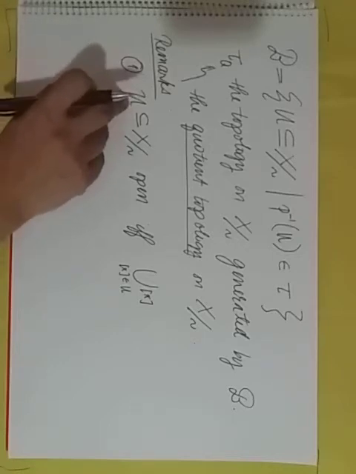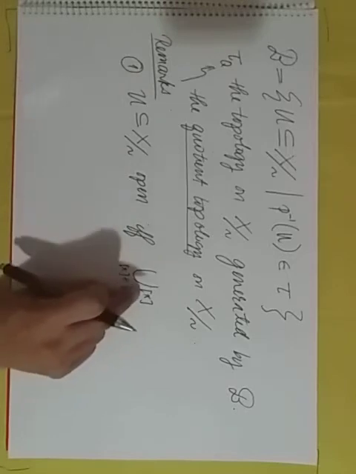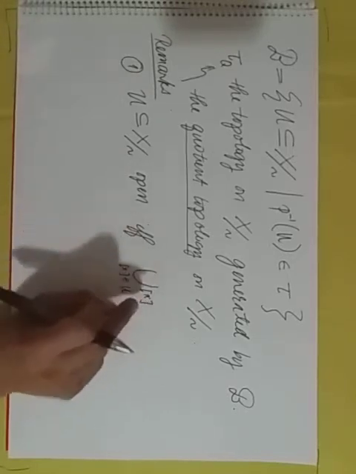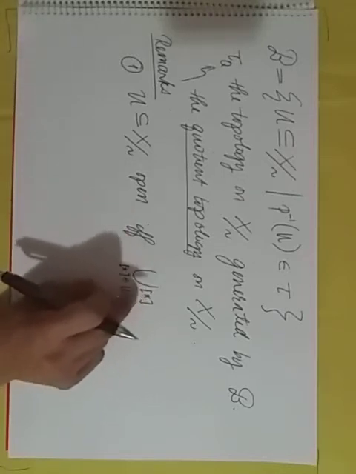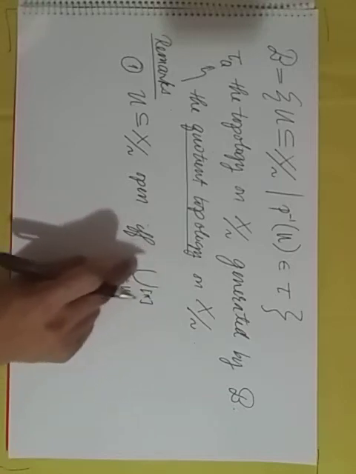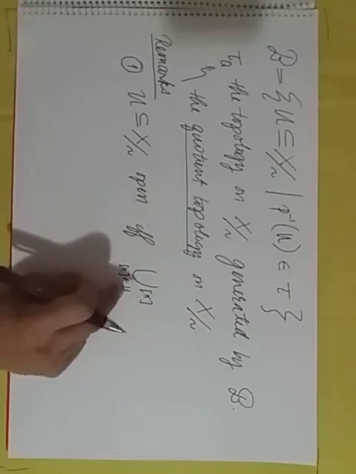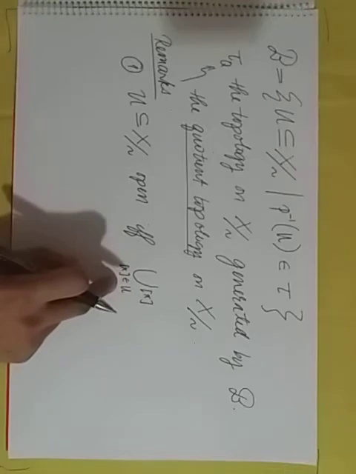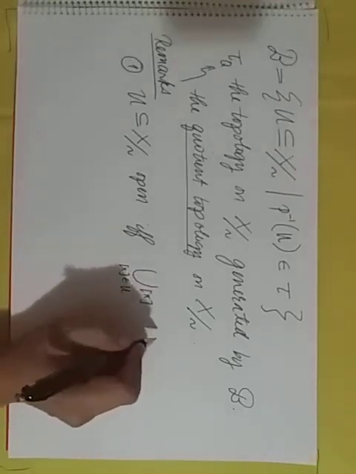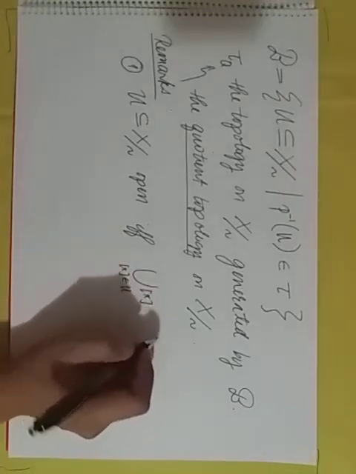The elements are equivalence classes, which are themselves sets, right? So if you take the union of elements of U, this will be a subset of X. And this remark tells us that U is open if and only if this subset of X is open in X. Okay?